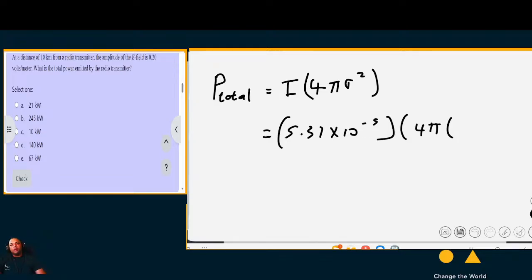That's the radius, because all the EM wave goes in a spherical direction, which is in all directions. Okay, so 10 kilometers. So 10 kilometers is 10,000 meters. That should be squared. 4 pi r squared. And if you were to calculate all of that, that squared is 100 times 10 to the 6, of course, if I'm not mistaken.